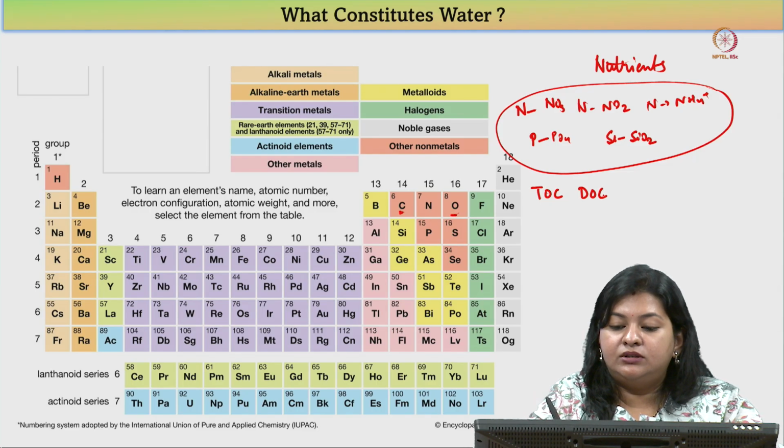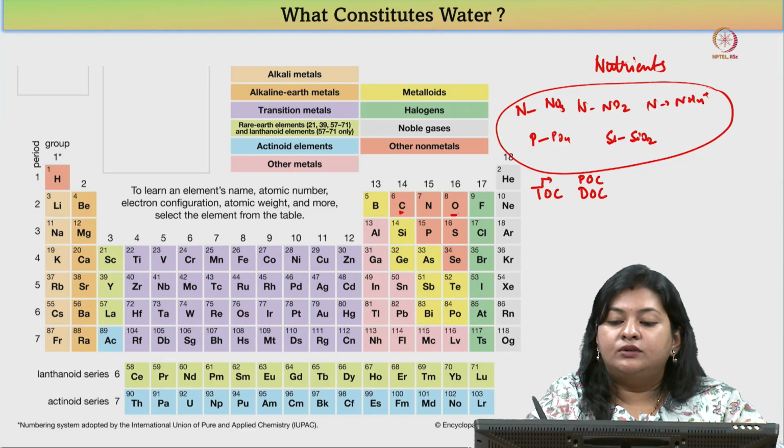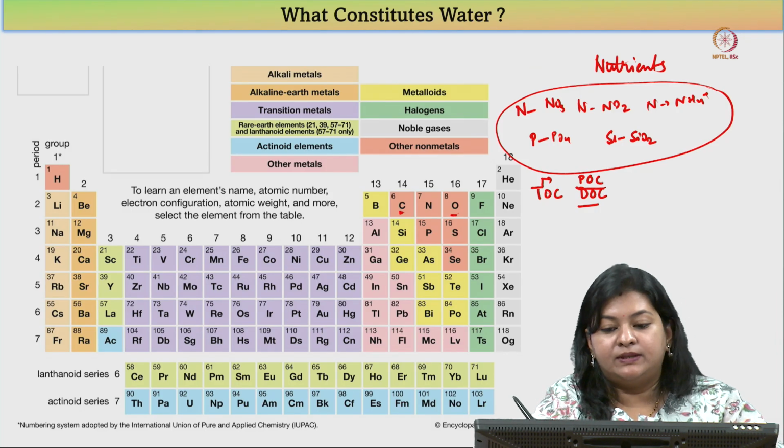So, the TOC consists of two things, that is particulate organic carbon and dissolved organic carbon. Okay, how much organic carbon concentration is there in that particular water. That is my DOC, and whatever is there in the particulate phase, that is my POC. Okay.